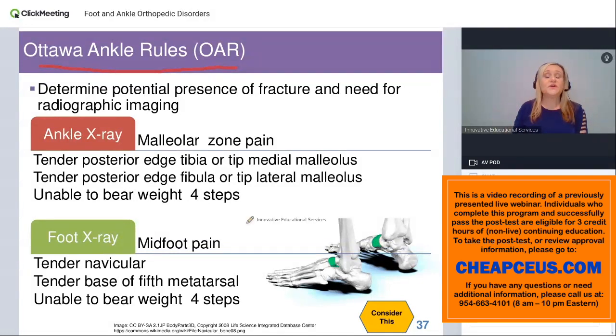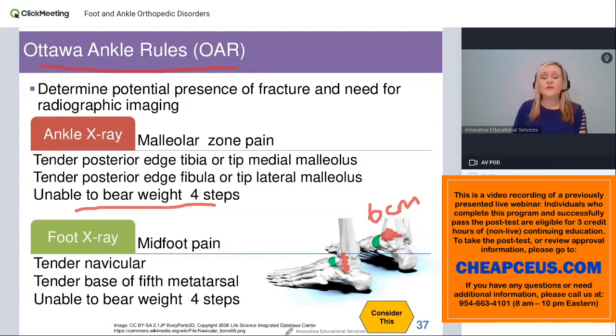30%, which is significant. So if we're assessing someone and they have malleolar zone pain, so if there is tenderness on that posterior tip of the medial malleolus, or the edge of that tibia going up approximately 6 centimeters, or if the individual has the same thing, the tenderness up that fibula or just at the tip, they're unable to weight bear or walk 4 steps, so they can't put any force through that limb.